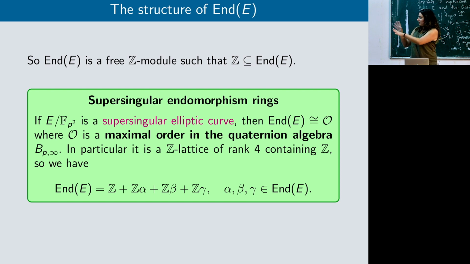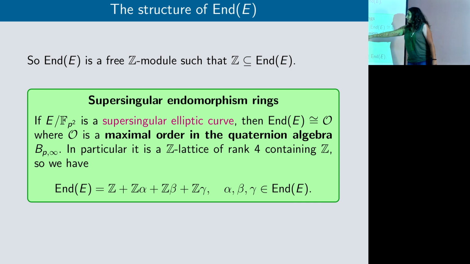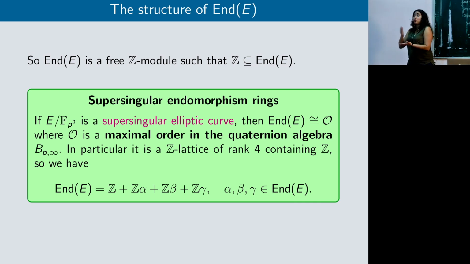This is something else that you can study by yourself if you're interested. We're not going to say what a quaternion algebra is, but what is interesting for us is that this order is a Z-lattice. You work with lattices, so you know what that is. Basically, it is a Z-module of full rank.